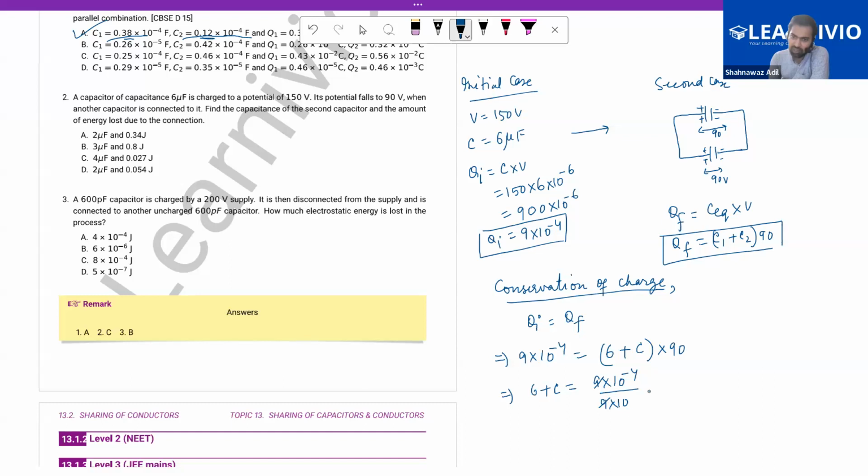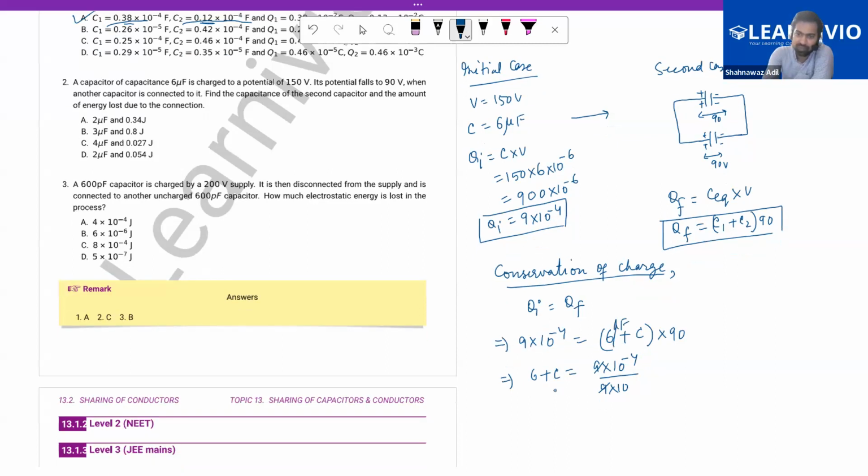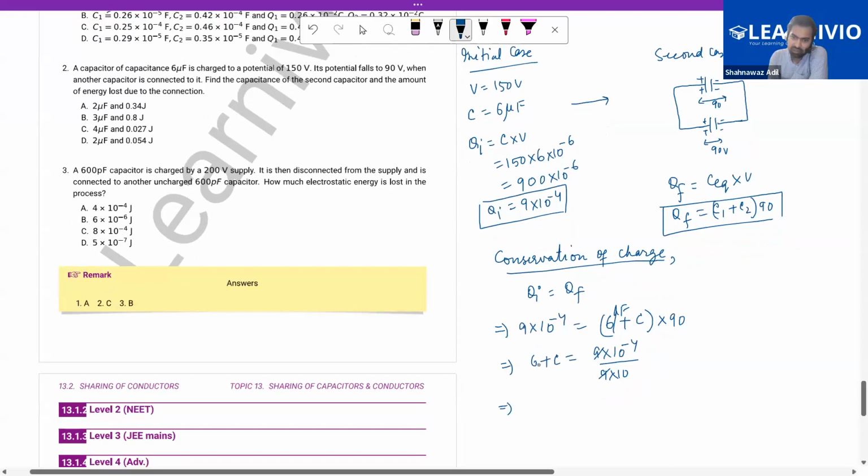The 9 cancels, and this is 6 microfarad plus C, and this is 10 to the power minus 5.